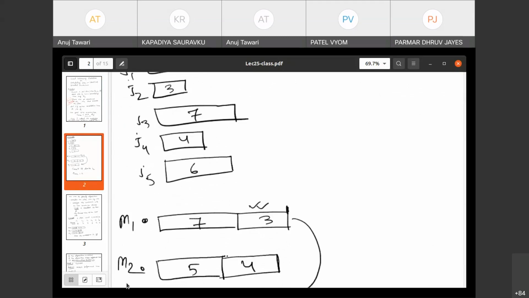Here's one allocation. On machine one, first you process the job which takes 7 hours. The standard assumption is that every machine at a time can process only one job. Only after that job is finished can you start the next, because a printer cannot print two documents simultaneously. It prints one document and only then starts the other.